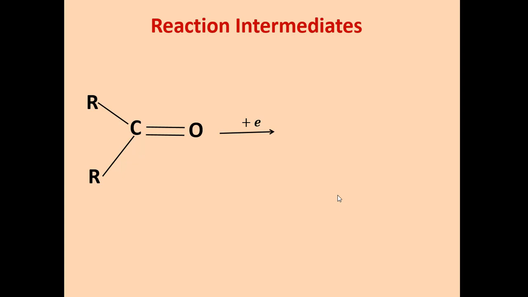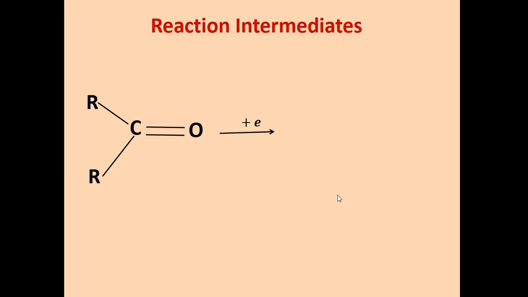Two electrons shifted towards oxygen will leave an oxygen having a lone pair of electrons, and so oxygen will carry a negative charge. The electron is added to the system.